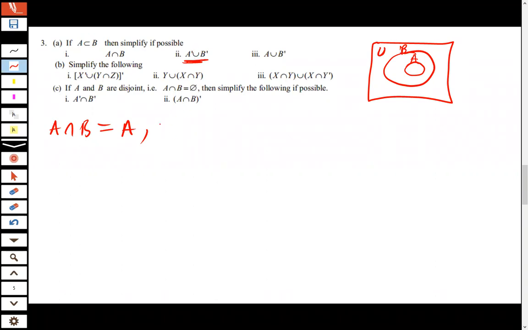Then let's look at part 2. This was part 1. Part 2 is A complement union B complement. A complement union B complement, according to De Morgan's law, can be written as A intersection B, everything in brackets with a complement outside. I've just done the reverse way of De Morgan's law.